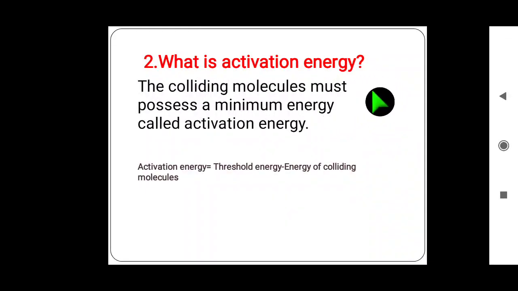In the collision theory, one thing is very important. What is that? Activation energy.